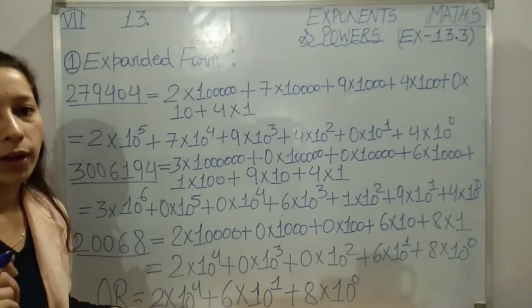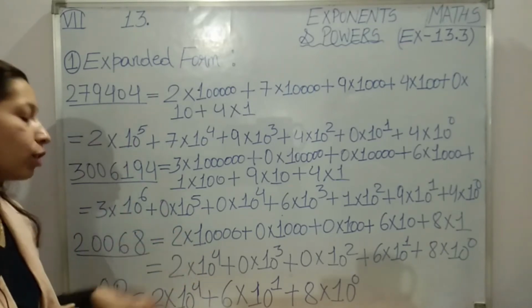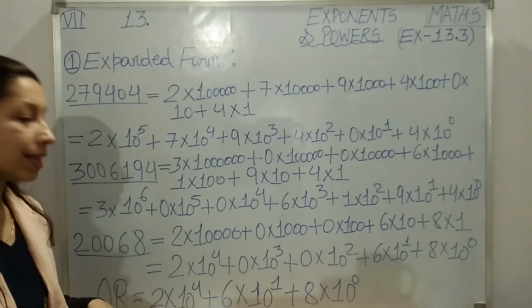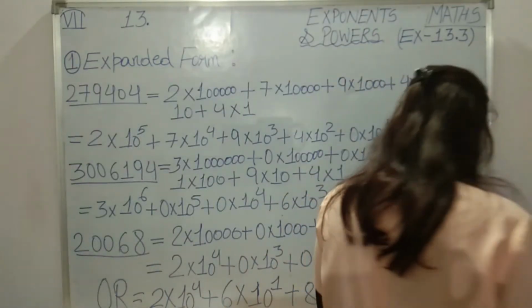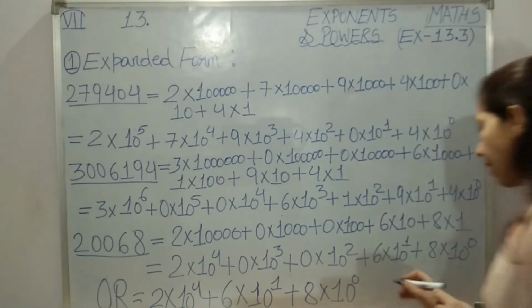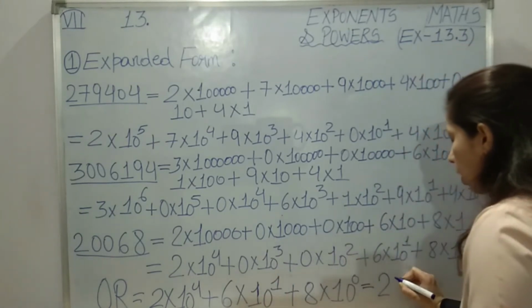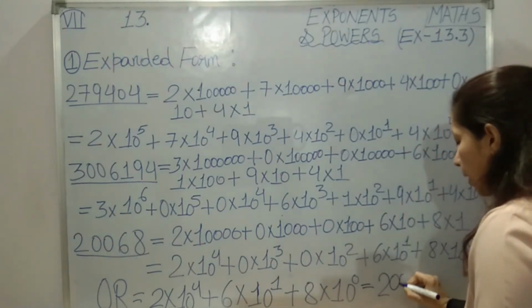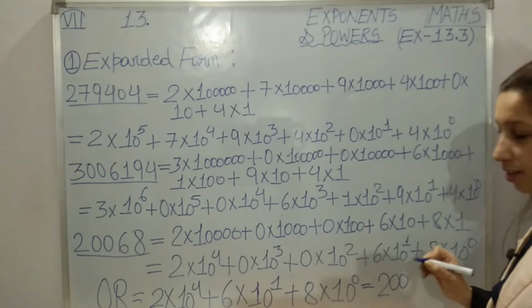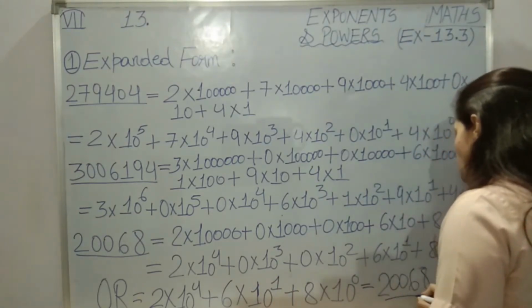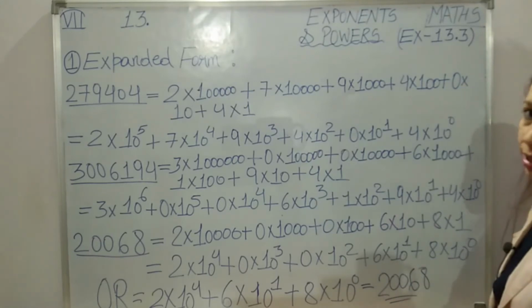For that, it is understood that if it is not shown as a multiple of 10, then surely in such a place it is 0. Means if we are asked to write it in short form, we write 2, 4, then directly 1. Means for exponent 3 I will put 0, exponent 2 also I will put 0. Clear now, students? Then for 1 it is 6 and for 0 it is 8. Then also you will get 20,068.